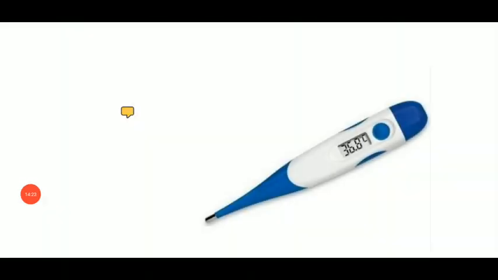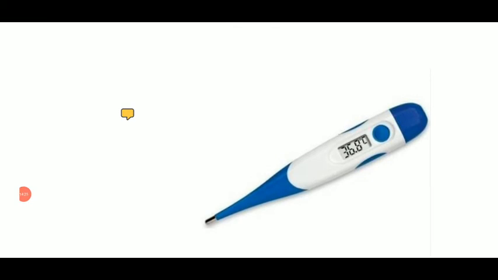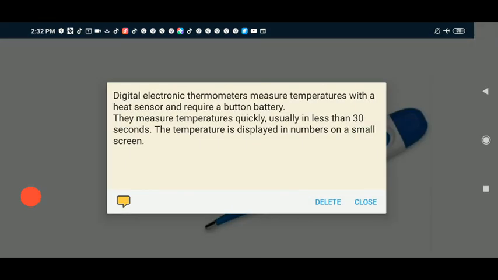But these days, there is a lot of concern over the use of mercury in thermometers, as mercury is toxic and is very difficult to dispose of. So these days, we are preferably using digital thermometers. So digital thermometers, what are these? Digital electronic thermometers measure temperatures with a heat sensor and they require a button battery.